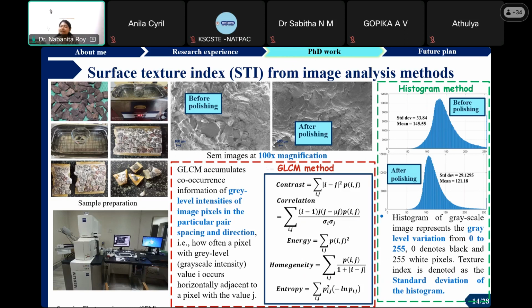Before polishing and after polishing, there is a change in standard deviation as expected: after polishing, the standard deviation is less as compared to before polishing. From the histogram, it was observed that the standard deviation is a good measure of aggregate microtexture change. Similarly, for the GLCM method, gray level co-occurrence matrix, another image analysis method that I have used, 5 other parameters were identified.